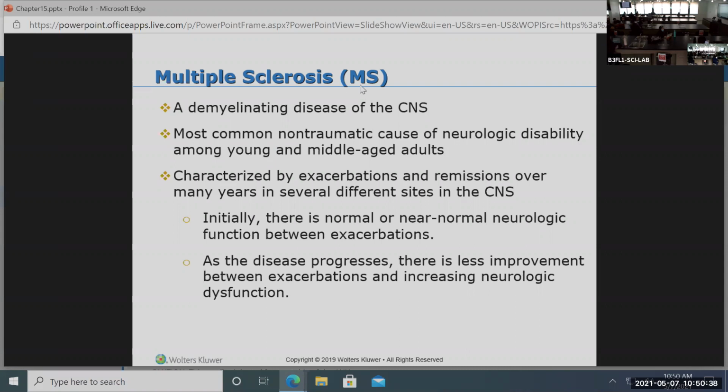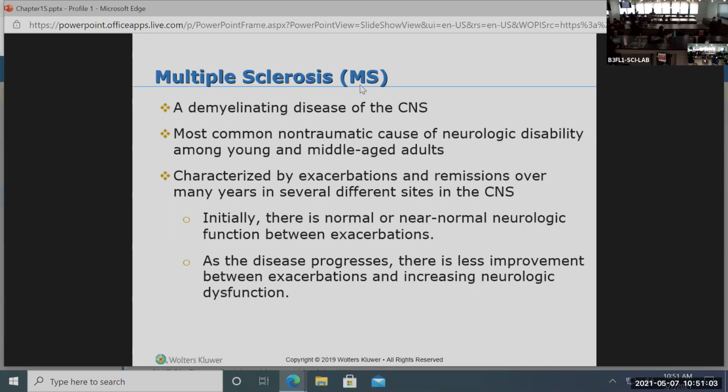Characterized by exacerbation, the symptoms go up and down. Characterized by exacerbation and remission over many years in several different sites in the CNS. Initially, there are normal or near normal neurologic functions.